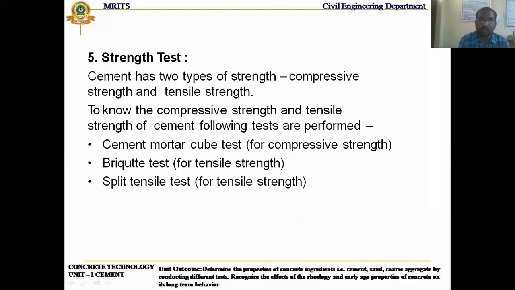First, we will prepare specimens of 150 by 150 by 150 mm cubes, cast the cubes and test them in a compressive testing machine. For split tensile strength, we determine the tensile strength by making cylindrical blocks.